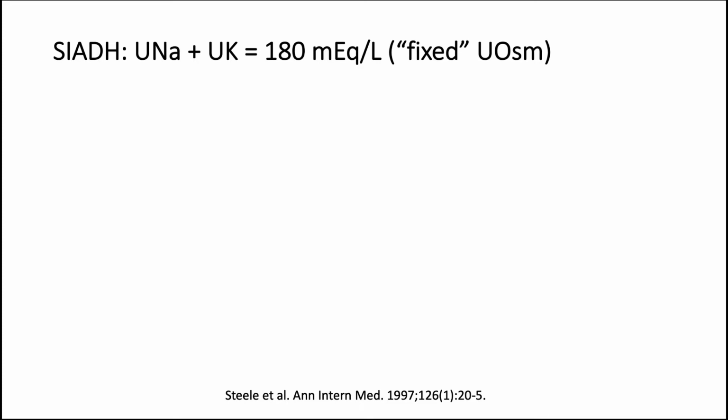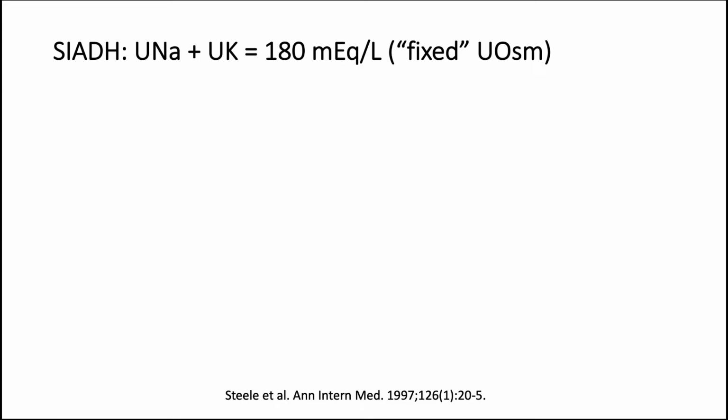Remember, your kidneys are always trying to maintain water homeostasis, so if you drink a lot of water, the urine osmolality will decrease to try to get rid of free water. If you eat a lot of solutes, your urine osmolality might go up. So the urine osmolality is variable in somebody with normal kidney function, but when you have SIADH, your urine osmolality is high and it's a fixed number.